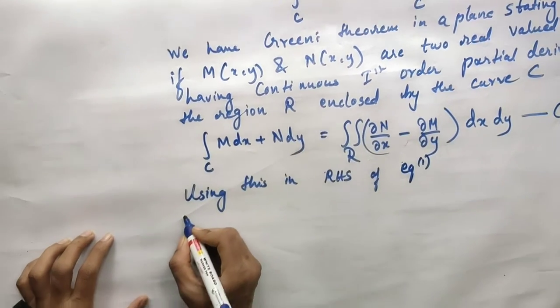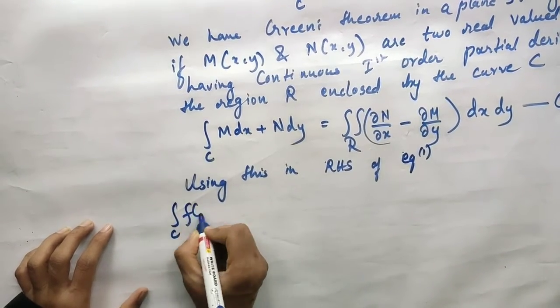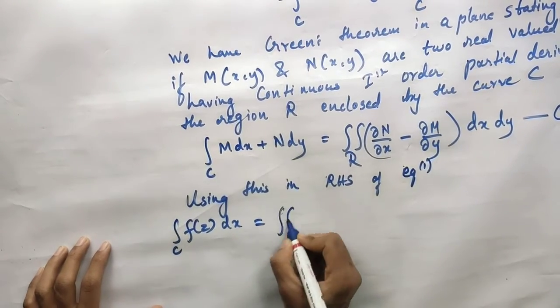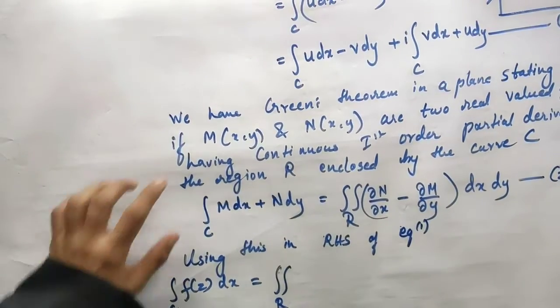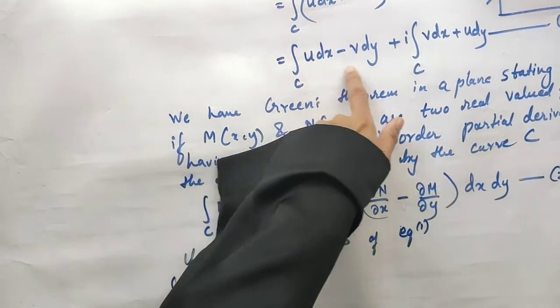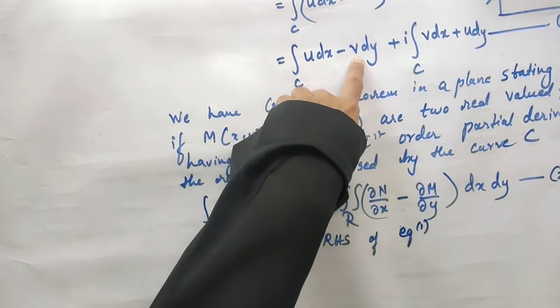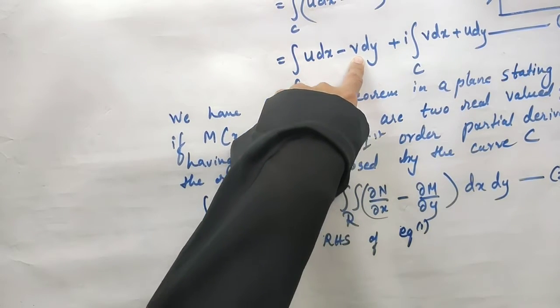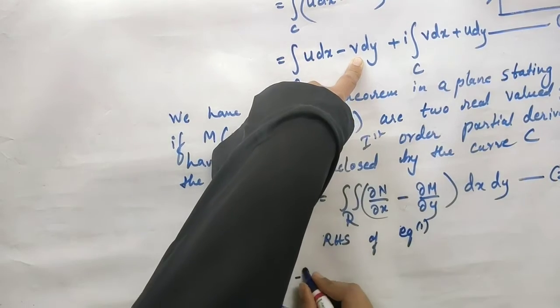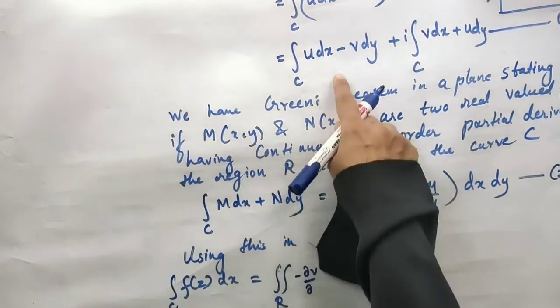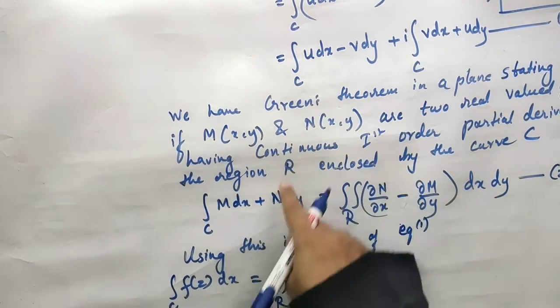So what will happen to my integration over the curve C f of z dz? It will be equal to double integration over the region R. Look at equation 1 and look at the first integral of that equation. The one which is the coefficient of dy must be differentiated with respect to x. So we get minus dou v by dou x, because in place of n you have got minus v.